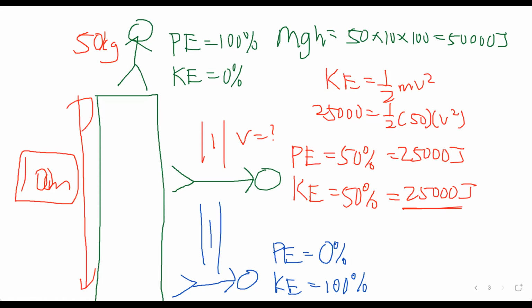Yeah. So at this instance, it will be 31.6 meters per second. With just the height and the mass, I can calculate how much speed this is, using the potential energy converted into kinetic energy. Right.